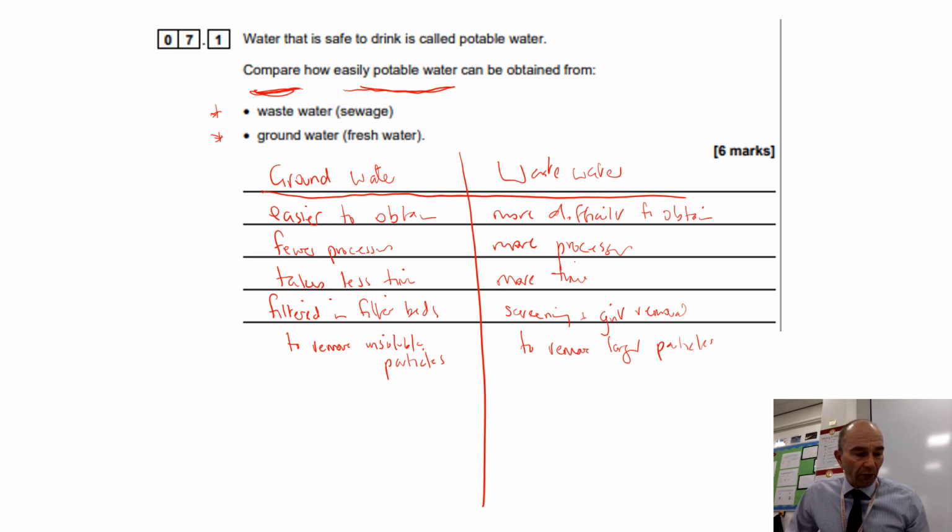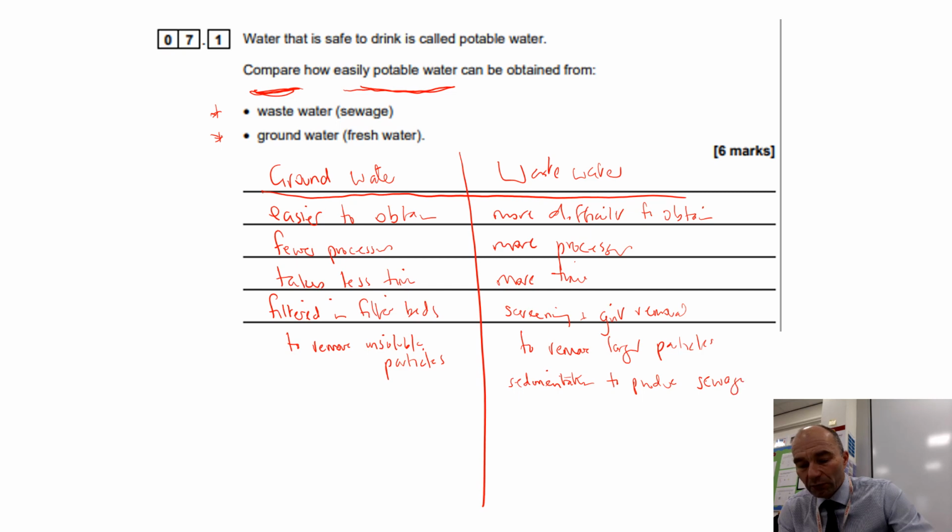So got quite a few points here already, but then the other process involved is you need to use sedimentation, allowing the finer particles to settle, and that produces sewage sludge and effluent.